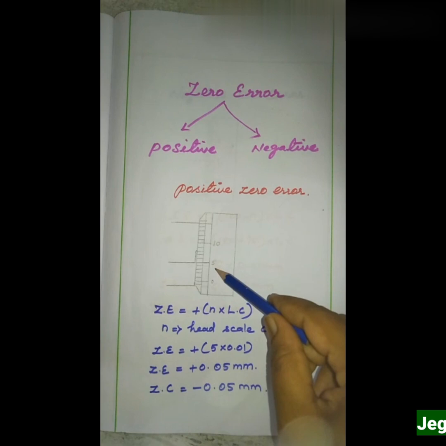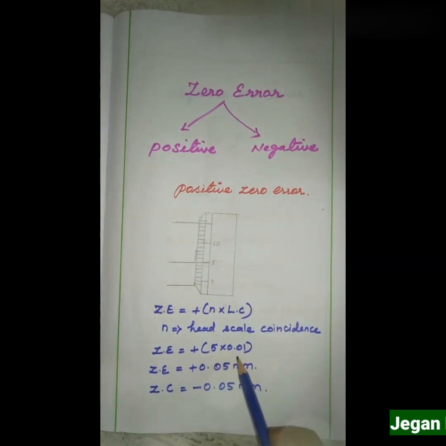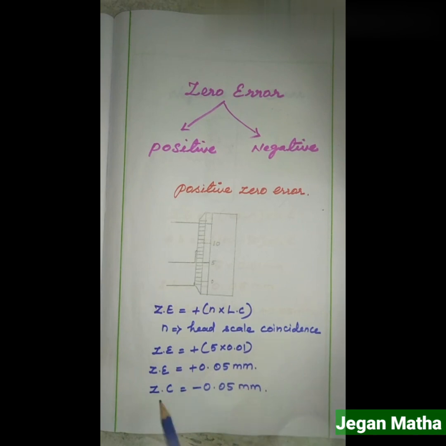What is the value of n? 5. So 5 into 0.01 millimeter. So zero error is equal to plus 0.05 millimeter. That is, zero correction is equal to minus 0.05 millimeter.